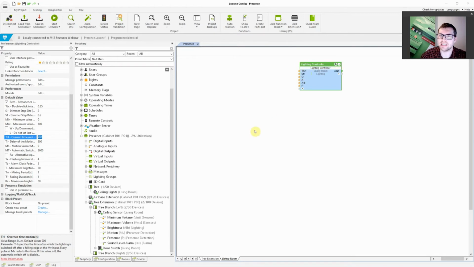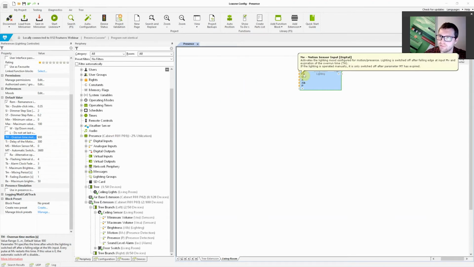So for instance, if I activated a motion sensor and lights turned on, and I then left the room, and the motion sensor went off, so therefore the MV input was low, then after this amount of time, lights would turn off. The TH timer here within the lighting controller only applies to the MV input.